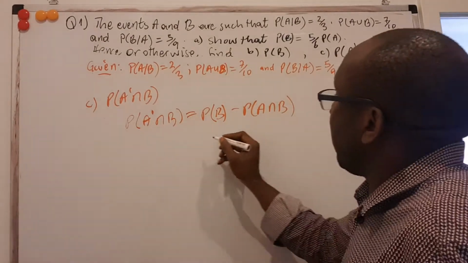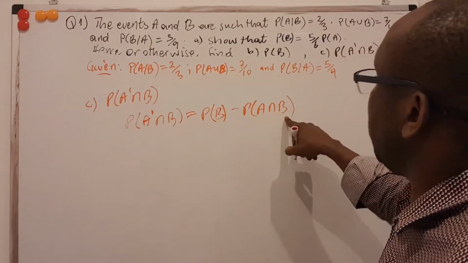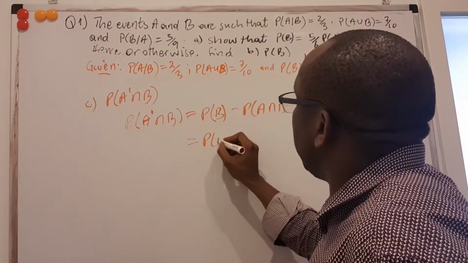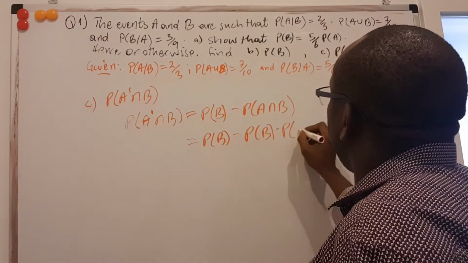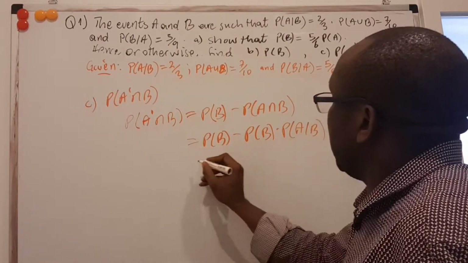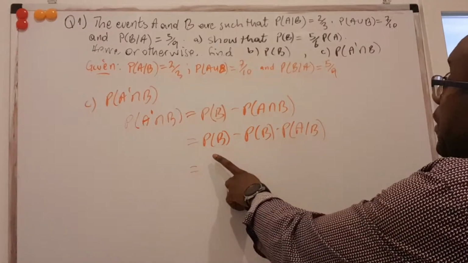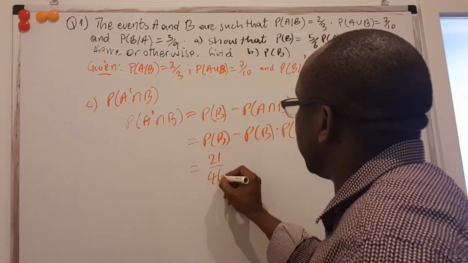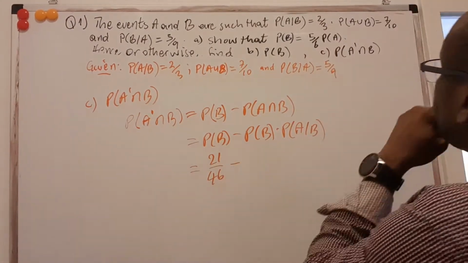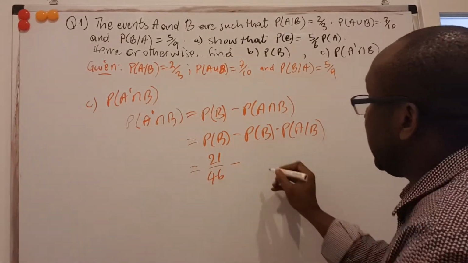And because we don't have P of A intersection B, we can express that as P of B minus P of B times P of A given B. P of B we just solved. That was 21 divided by 46, remember?